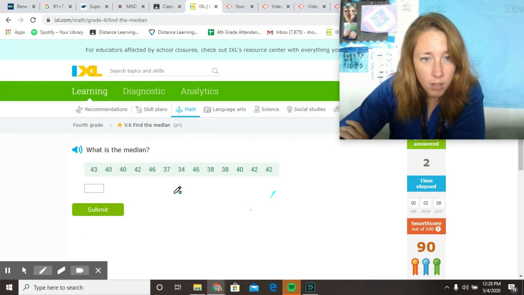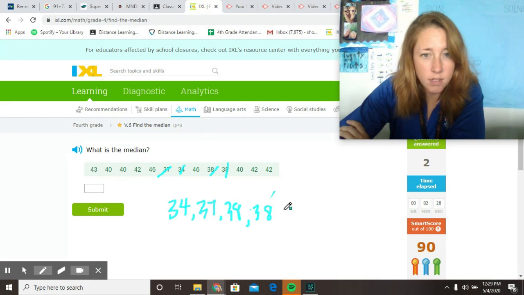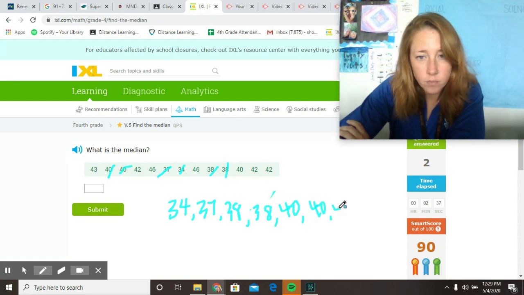So start with my smallest. I have 34. I look closely. I have 230. Oh, I have a 37. I almost missed that one. And so you gotta look at these closely. Now I have 238s. No more 30s. So now I gotta go to my 40s, and I have 1, 2, 3 40s.